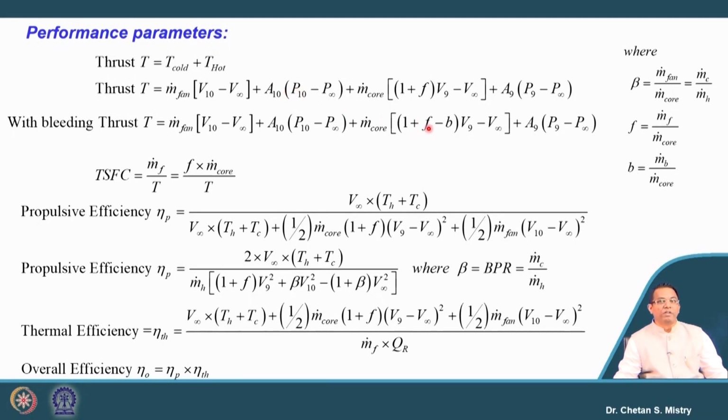If I am moving with the bleed configuration, this formulation will be changing with minus B. Same way you can do your calculation for the thrust specific fuel consumption, the propulsive efficiency in terms of my beta, and the thermal efficiency. For all these cases, we need to be very careful about whether the bleeding is given or not.